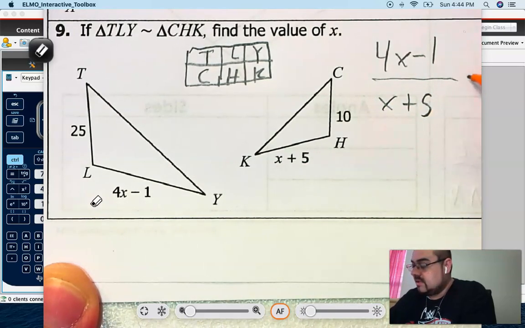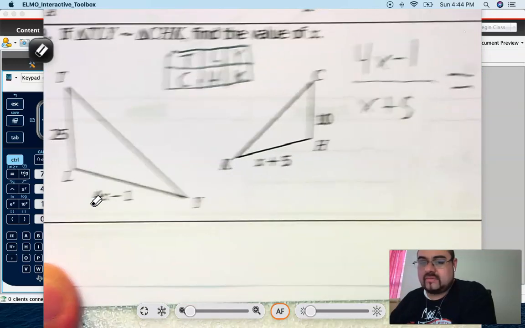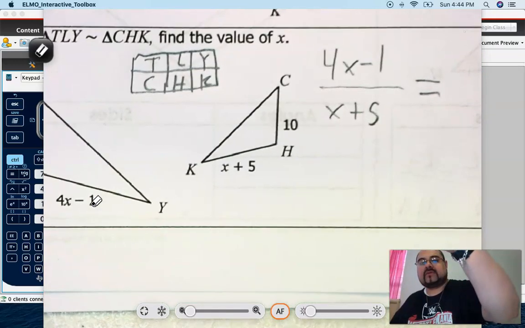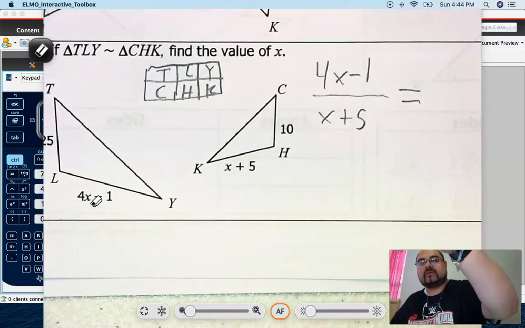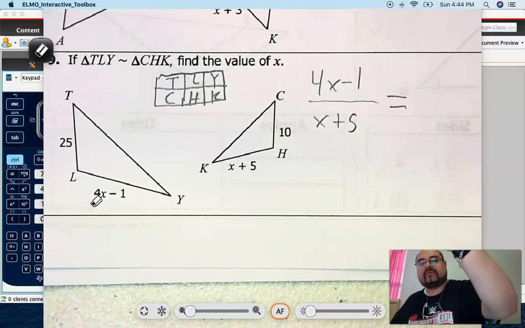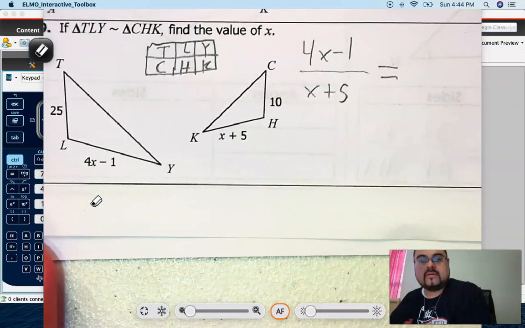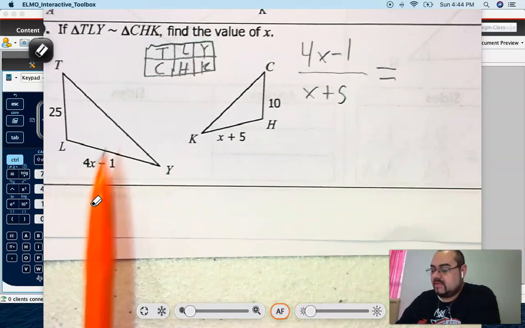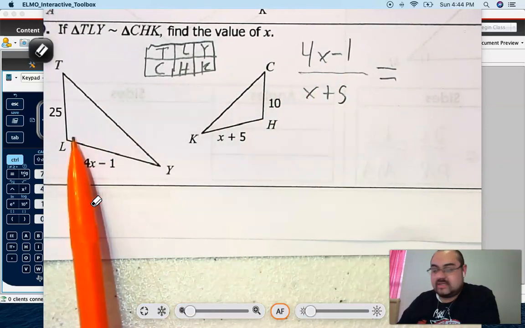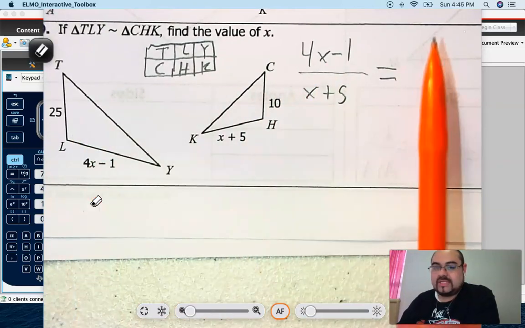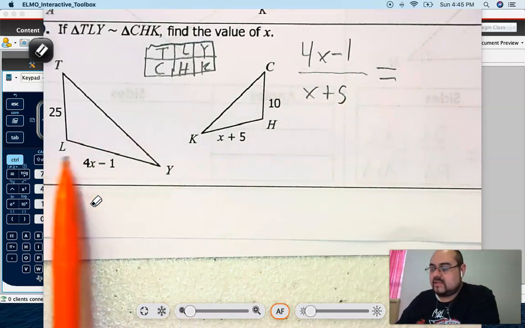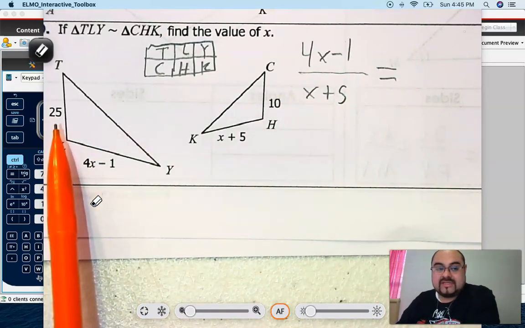Okay. Now I'm going to set up my second proportion. Let me see if I can zoom out here. Oops. Still learning how to use this stuff. Okay, so I'm going to come back. I started on the left side, so I'm going to start on the left side again for my second proportion. The only other information I have here is that this side is 25.